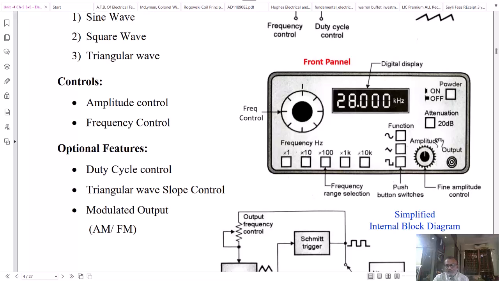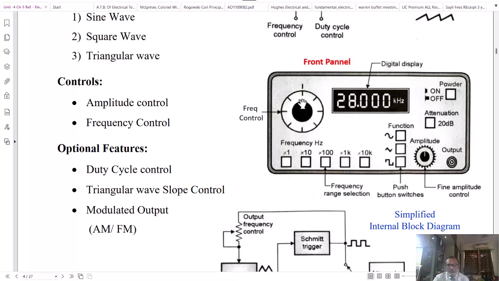There are terminals provided for output connection. Here a BNC connector is normally provided to connect the generated signal to the external circuitry. This function generator also provides a knob for change in the amplitude.